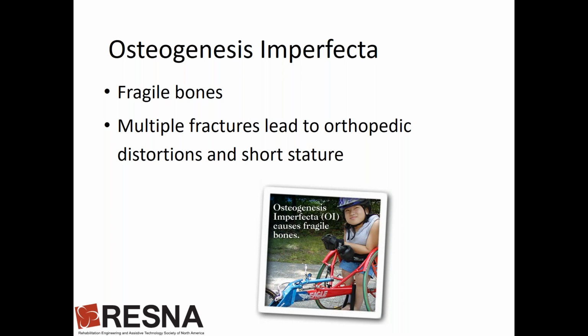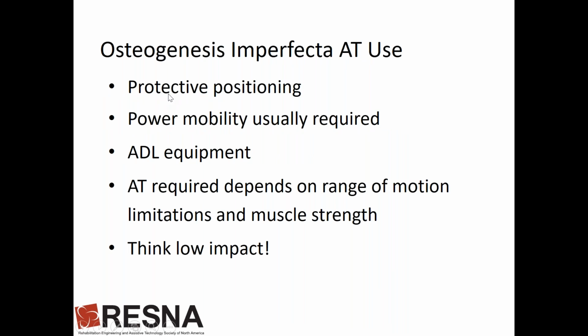But you have to be very aware of protective positioning. We usually get them into power right away because they're not going to be able to tolerate manual. Then we'll look at their environment: what do they need to help get set up? Depending on their range of motion and muscle strength, we bring everything to them and always think in terms of low impact.